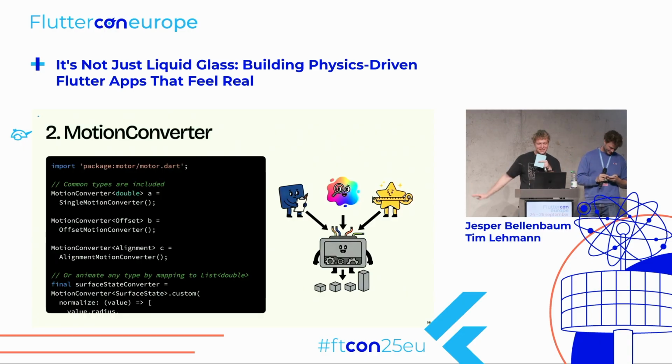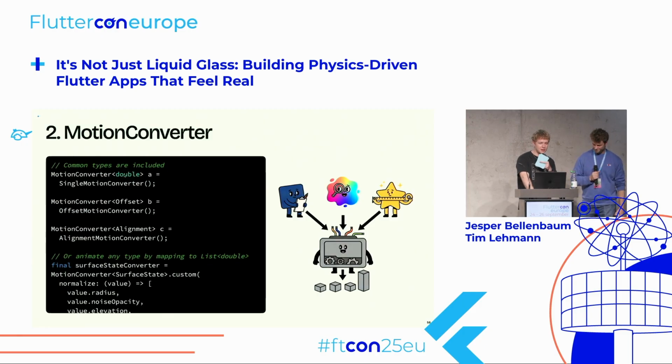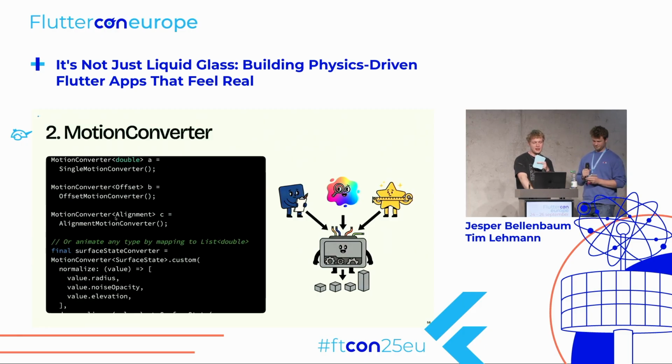The second concept is something called motion converter, and that is basically what you might use a tween for now. So what a motion converter does is it gives Motor the understanding of different types and which dimensions they need to be simulated with. So we include common types like a single value or an offset or an alignment.